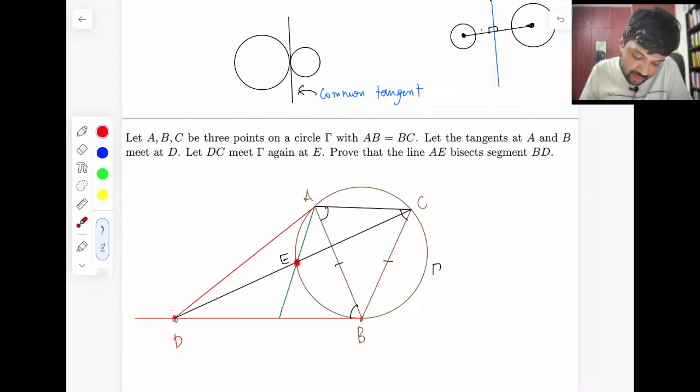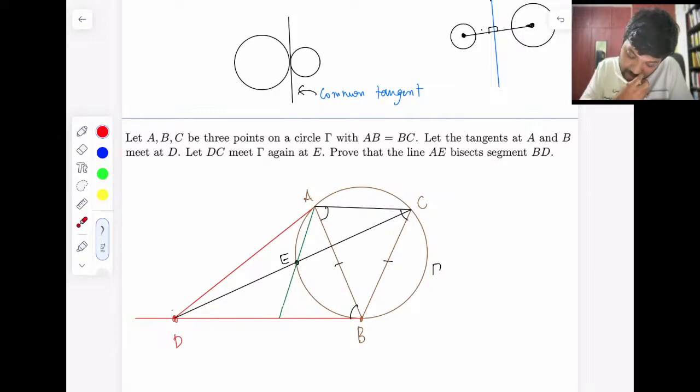So that's Viswanathan's suggestion. So let's try to prove this. I think we already know these two are parallel, but we have to chase some other angles to know these two are parallel. So I guess this angle here and this angle here, we should be able to tell are equal. Another thing is to show DE is equal to EC.